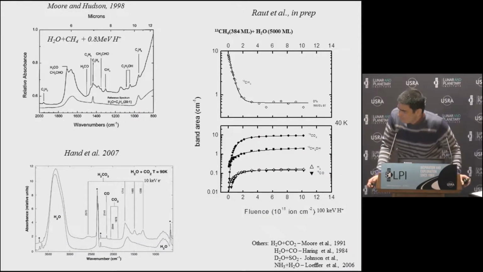So just briefly, this is just a small sample of some of the experiments that have been done to measure the evolution of the composition of mixed ices. So here are some examples. On the upper left is a mixture of water and methane irradiated by MeV protons.